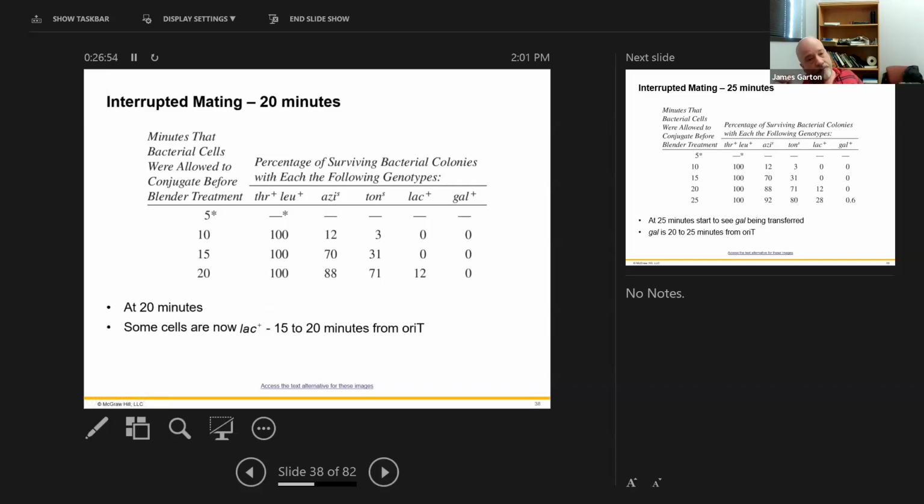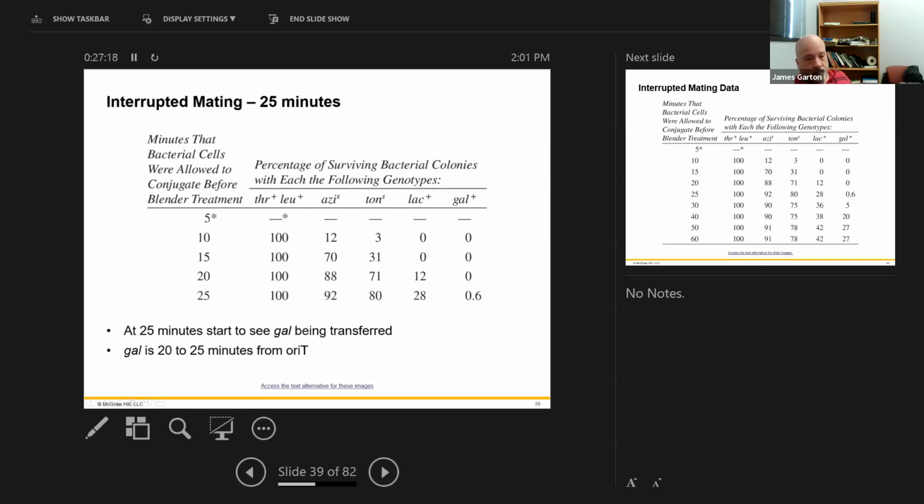And then let it go for 20 minutes. And after 20 minutes, you see all of the cells with this threonine leucine. You get a greater number of this azide, a greater number of the T1 susceptibility. And finally, you start to see the lactose positive. Let it go 25 minutes.